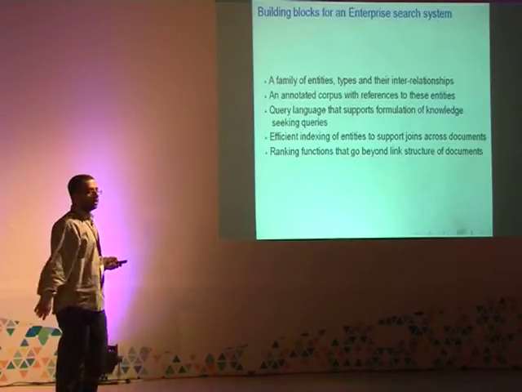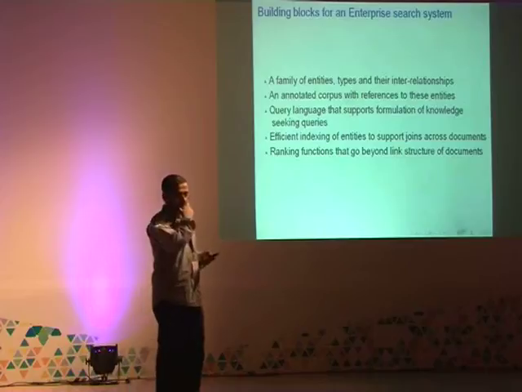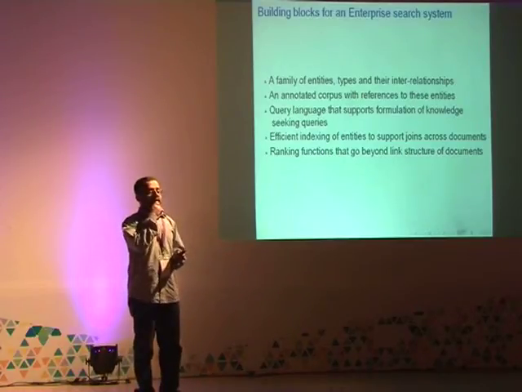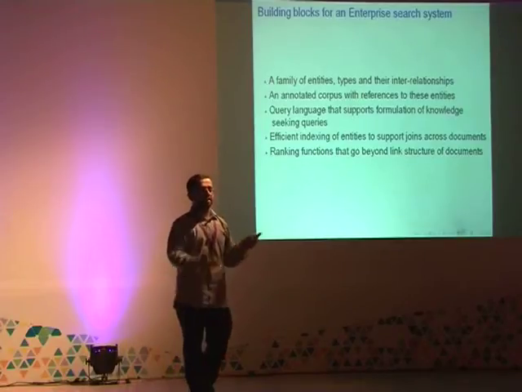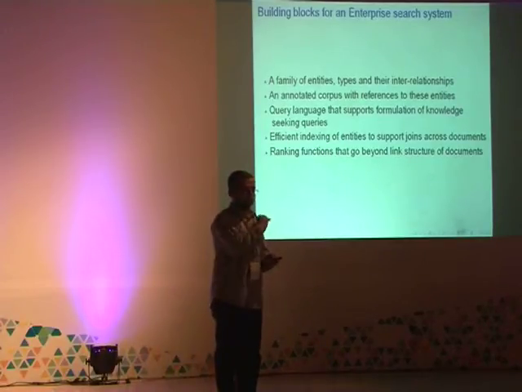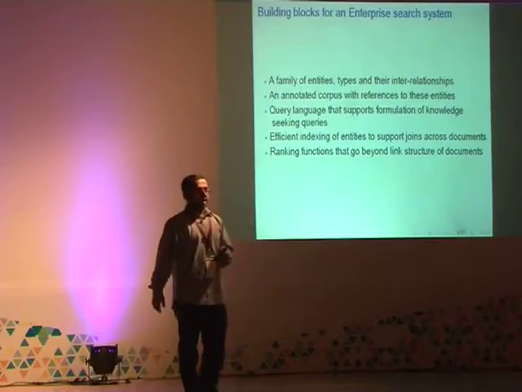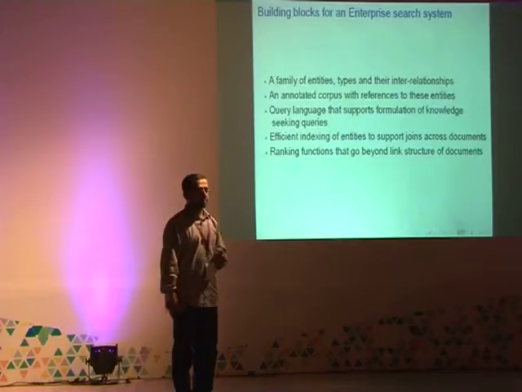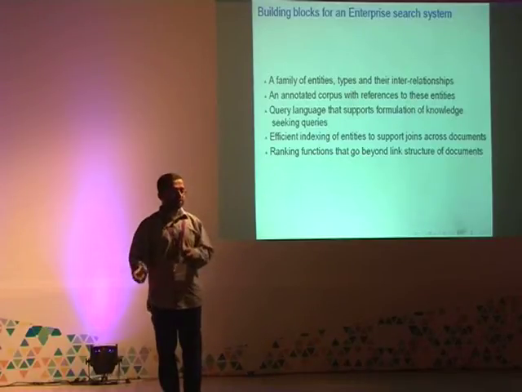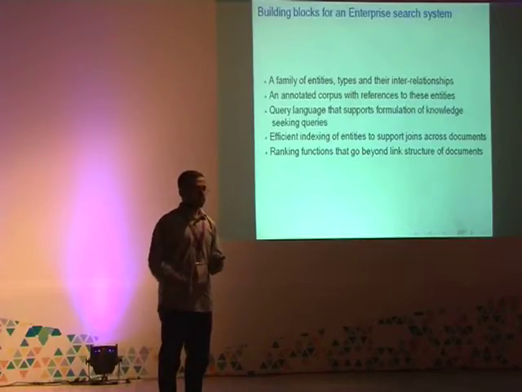So what are the building blocks for an enterprise search system? This is a family of search systems over several conferences that we are trying to distill into this part of the presentation. They typically look at a family of entities, their types and interrelationships. You need an annotated corpus with reference to those entities.